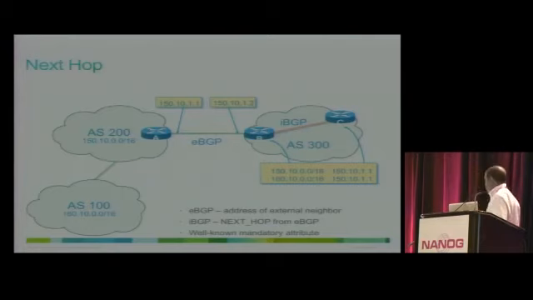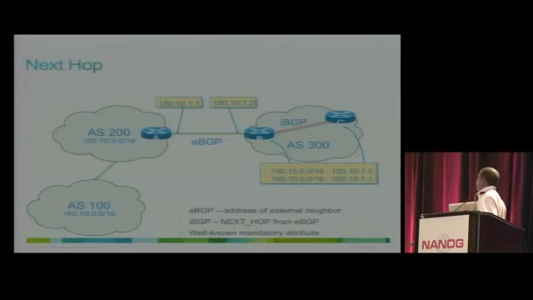We'll see that we can change that using a policy into something else, but we'll discuss that later on. But typically, if it is an eBGP peering, we use the peer address as the next hop.